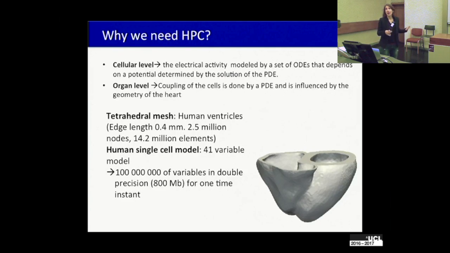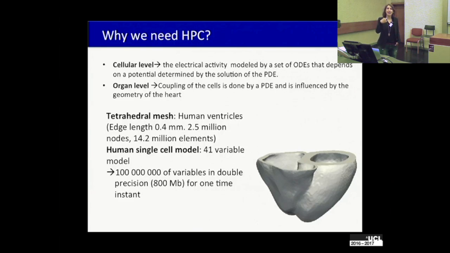But what does a heart geometry look like? Here we have an example of a tetrahedral mesh of human ventricles coming from a CT scan. The edge length that we were using for simulating electrophysiology is 0.4 millimeters. It contains 2.5 million nodes, each of them representing a cell.